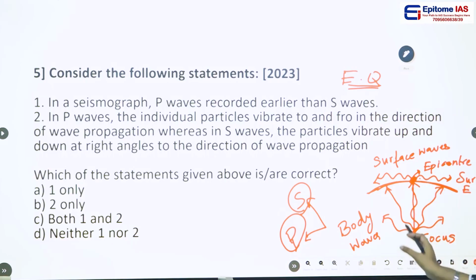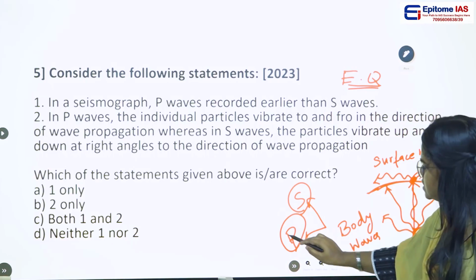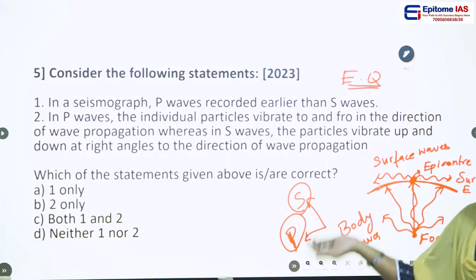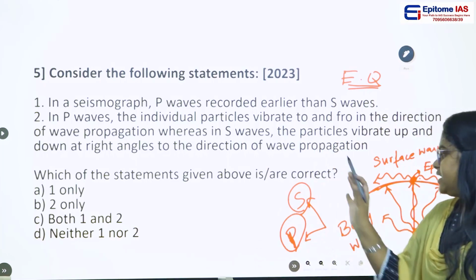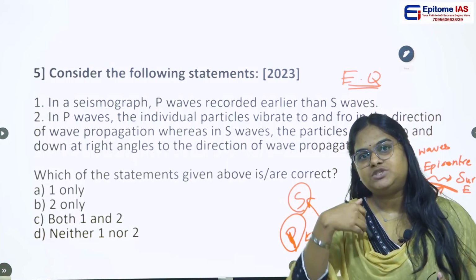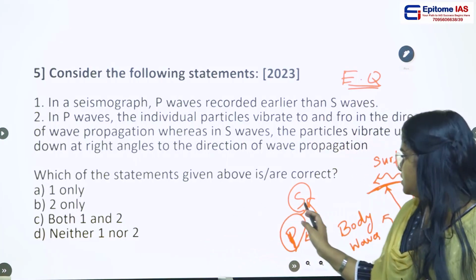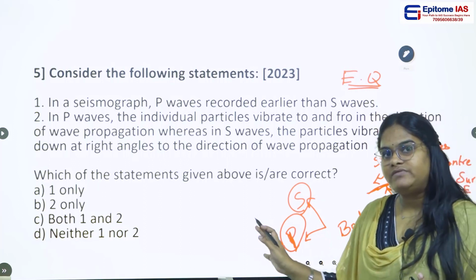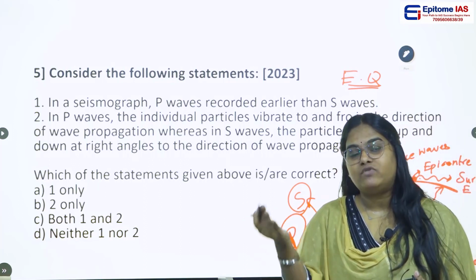The question is about the P waves and the S waves. These P waves travel much faster than the secondary waves, which is why they are called primary waves. Secondary waves are somewhat slower.